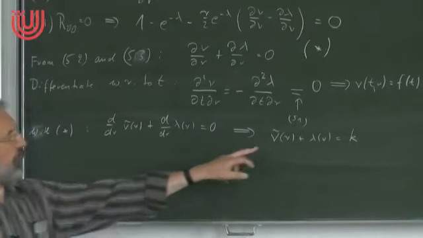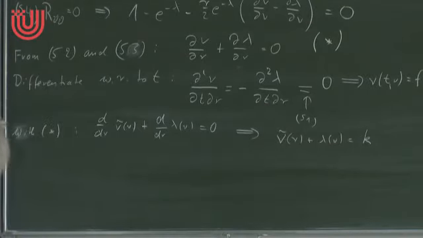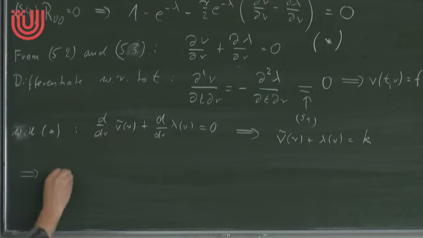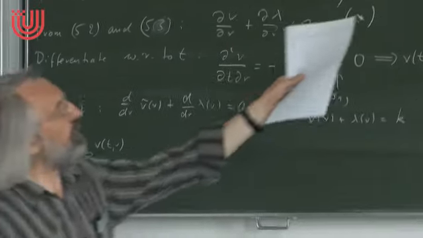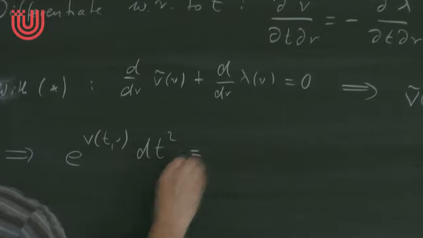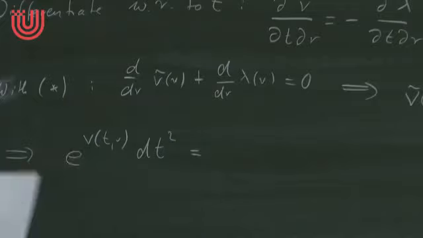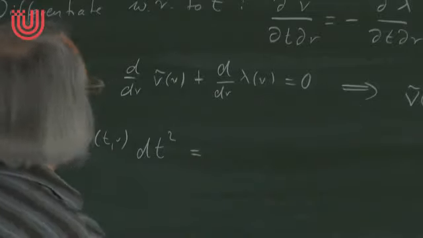So we have brought this coefficient here. This was e to the nu, which depends in the beginning on t and r. This was the term which came with dt squared in the metric. We have now brought this to a considerably simpler form.